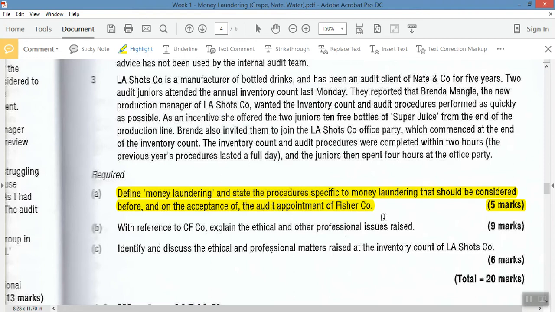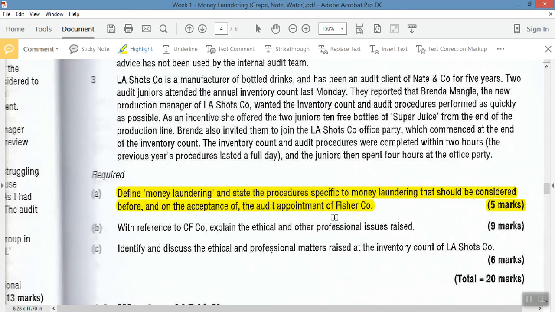Okay, so here, define money laundering. I already mentioned to you how many marks? 1 mark. Okay, we already went through it just now. The criminal tries to convert dirty money into clean money. How do they convert? 3 stages. Okay, so the second one, state the procedure specific to money laundering that should be considered before and on acceptance.